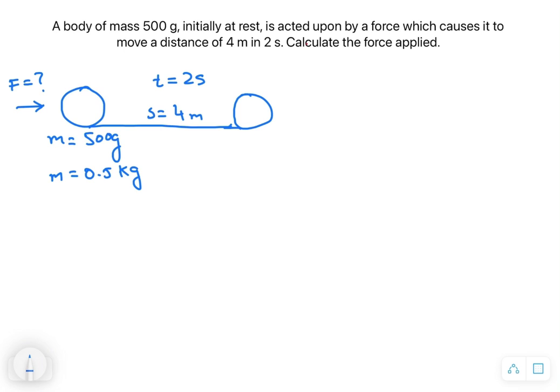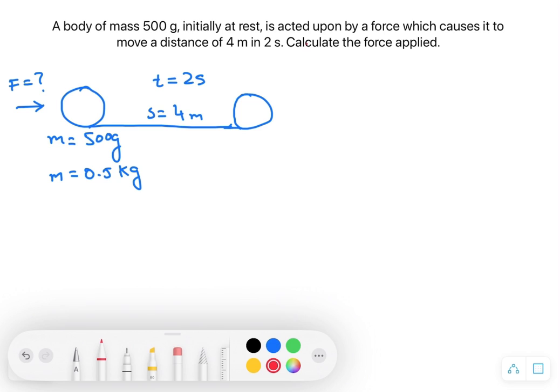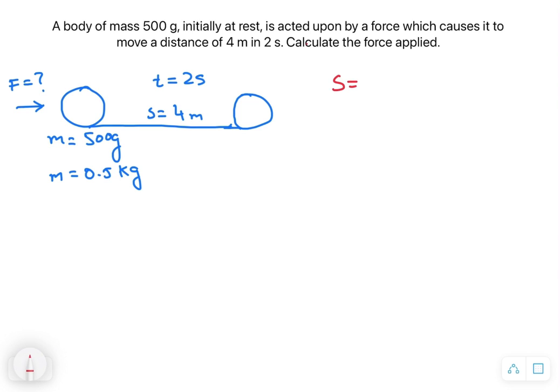Now, let us use the equation of motion. s is equal to ut plus half at square. Initial velocity was 0. Initially the body was at rest, so u would be equal to 0. s is the distance, it is 4 meters, time is 2 seconds.